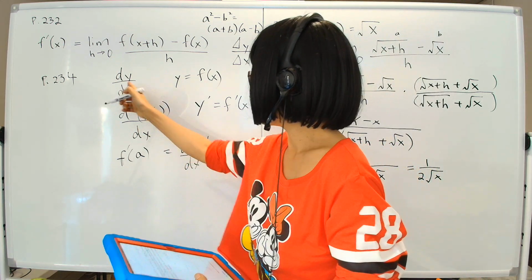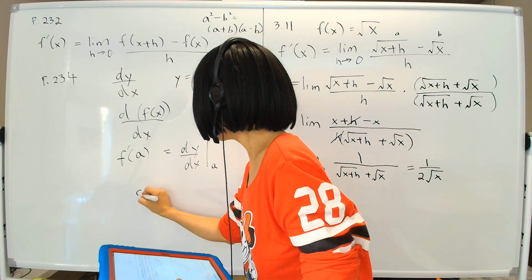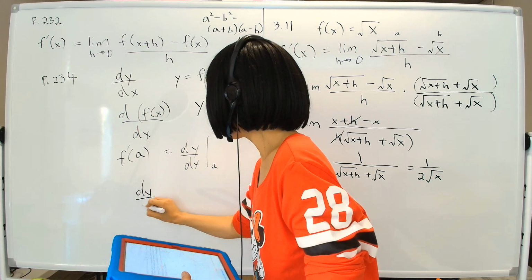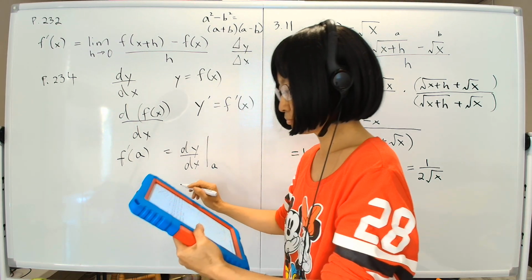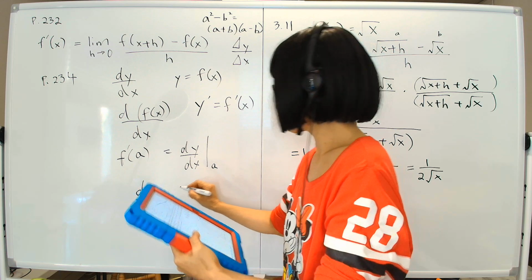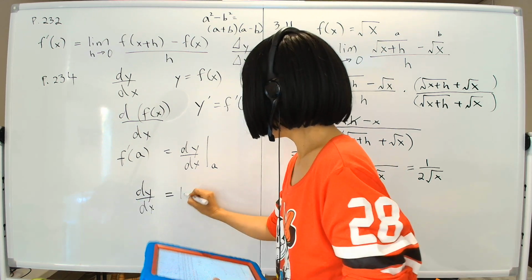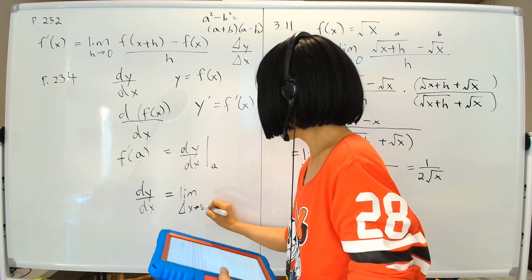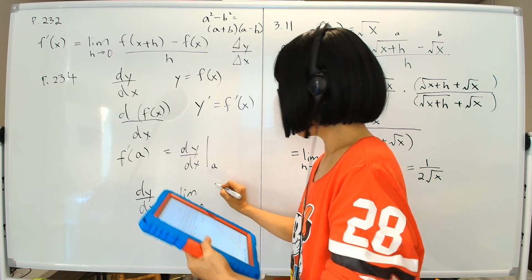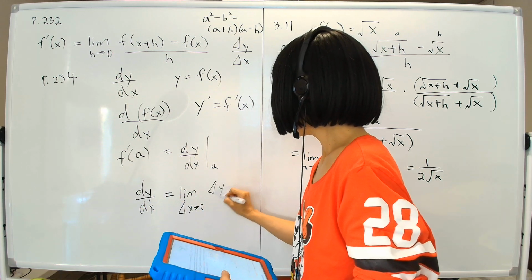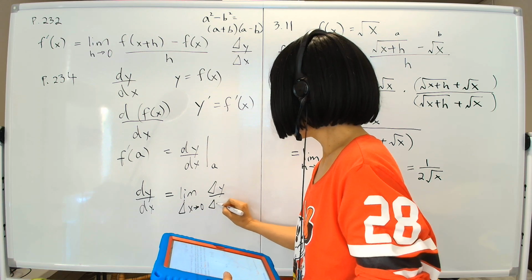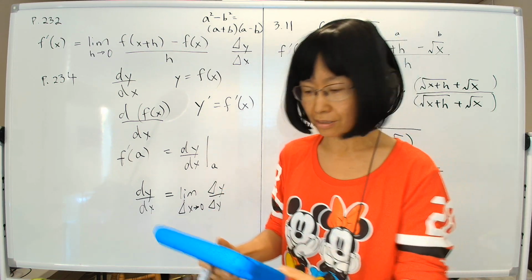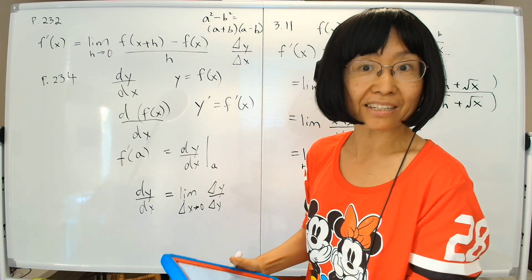So in other words, the dy by dx here can also be written as the limit of delta x goes to 0 of delta y over delta x. The triangle is pronounced as delta and is another Greek letter.